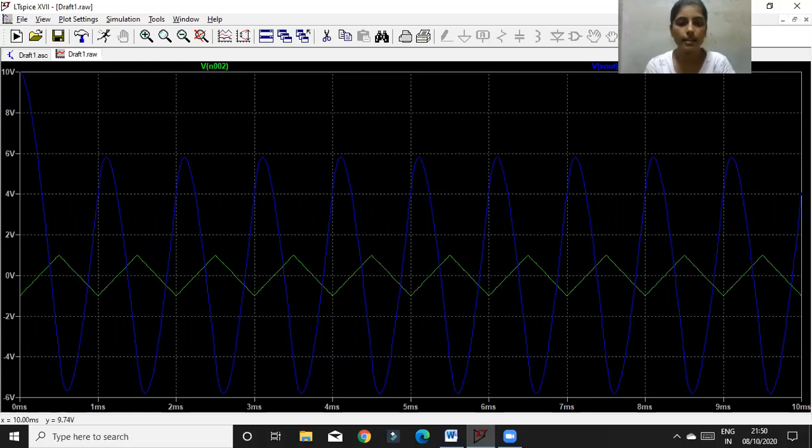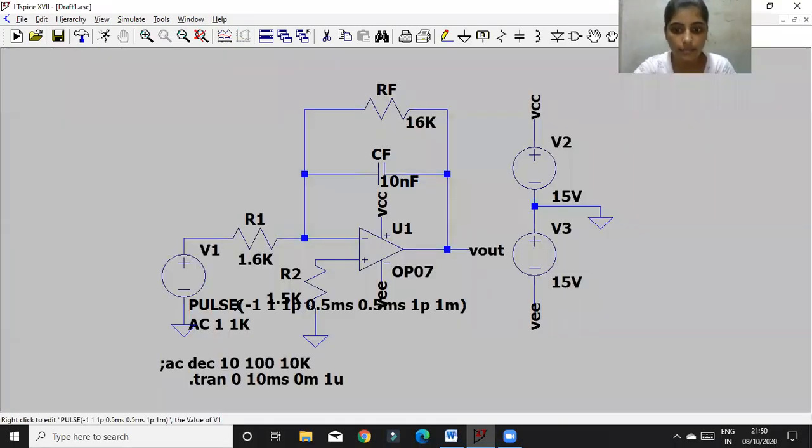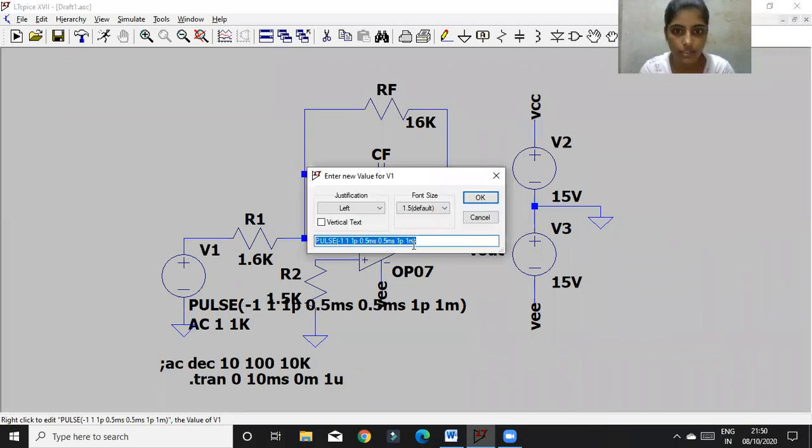So this is my second waveform, and now for the third waveform I'm changing the values here first of all.